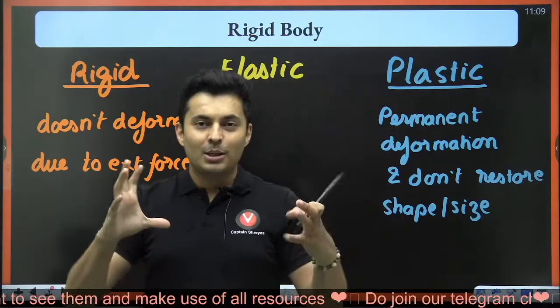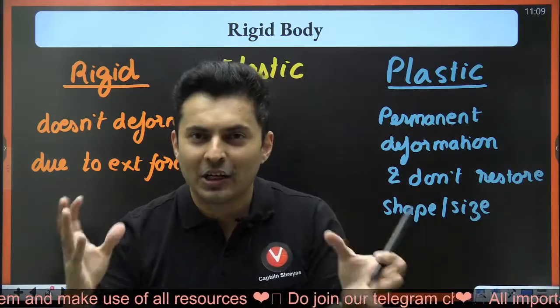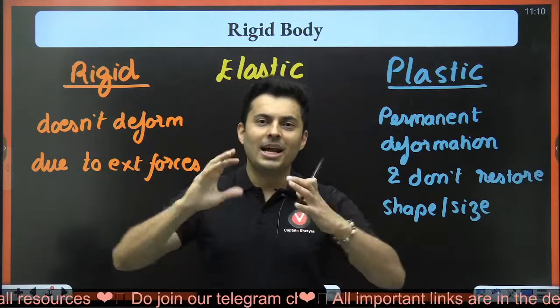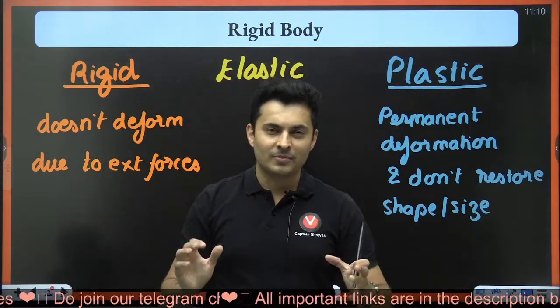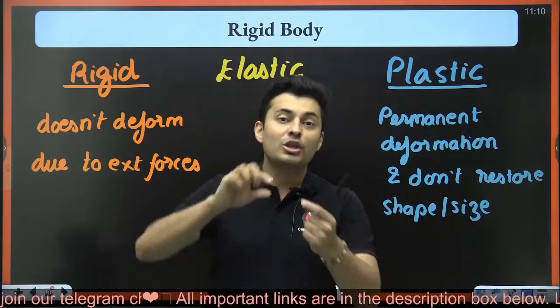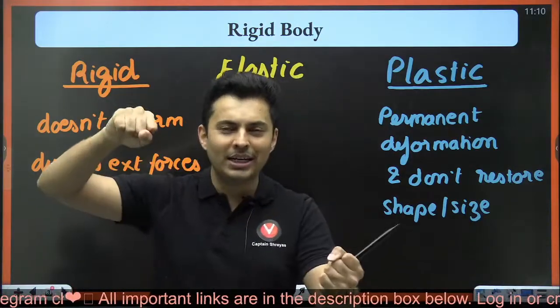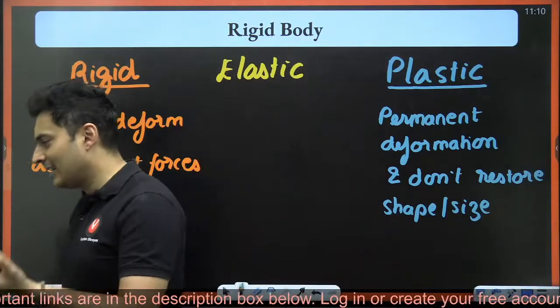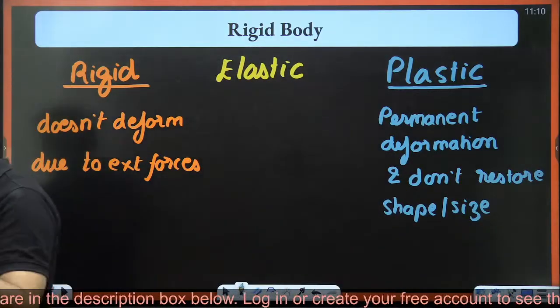Even clay is used to make pots. You press the clay, you pull the clay, it will get deformed and it will stay there as it is. So that is also plastic. A chewing gum or cheese, you pull it, leave it, it gets elongated and it stays as it is. Is that right? Yes, the permanent deformation.